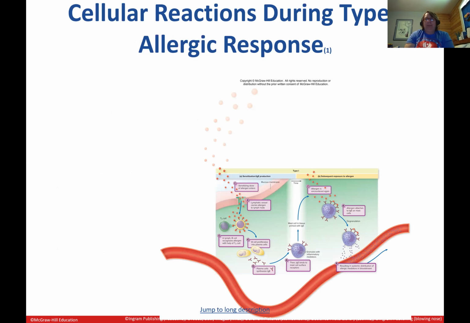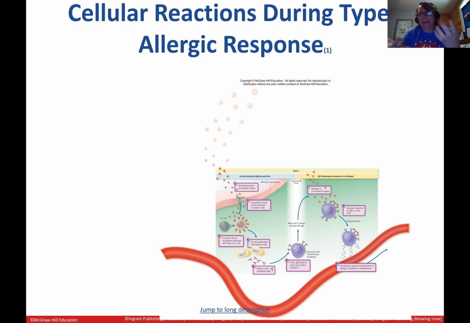Okay, so I mentioned that in the same way that you have a primary and secondary response to a pathogen as part of the adaptive immune system, and the secondary response is bigger and faster than the primary response, a similar kind of thing happens in allergies. So at some point in our lives, a T cell recognizes something.